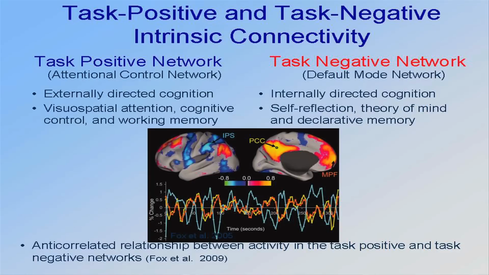And these two networks are anti-correlated. They're oppositely correlated, as you would expect, right? You should be able to go back and forth between attending and focusing to not attending, and those should be very separate networks so that you can clearly separate signal from noise when you need to. And so that's this general approach.